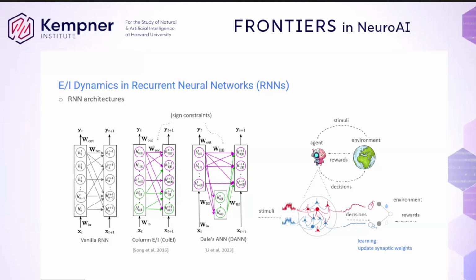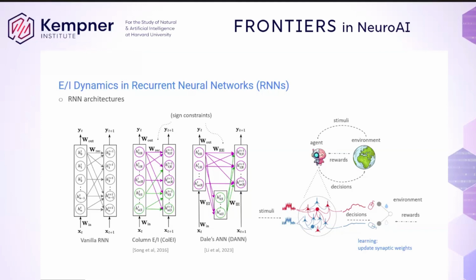And so we have column-based partitioning where the excitatory neurons are only going to have outward weights, which are positive, and the inhibitory ones only negative weights, which are clipped to have this sign constraint. And so these networks are pretty general and admit basically broader inhibitory motifs.